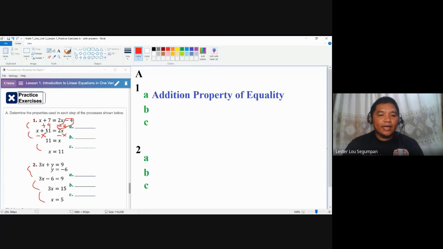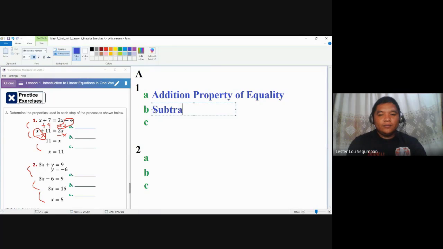Subtracting x on this side becomes 0, that's why only 11 is retained. We do it on the other side as well: you have 2x minus x, or simply minus 1x, that is why you are left with 1x, or simply x. So the process involved for step B is the subtraction property of equality.